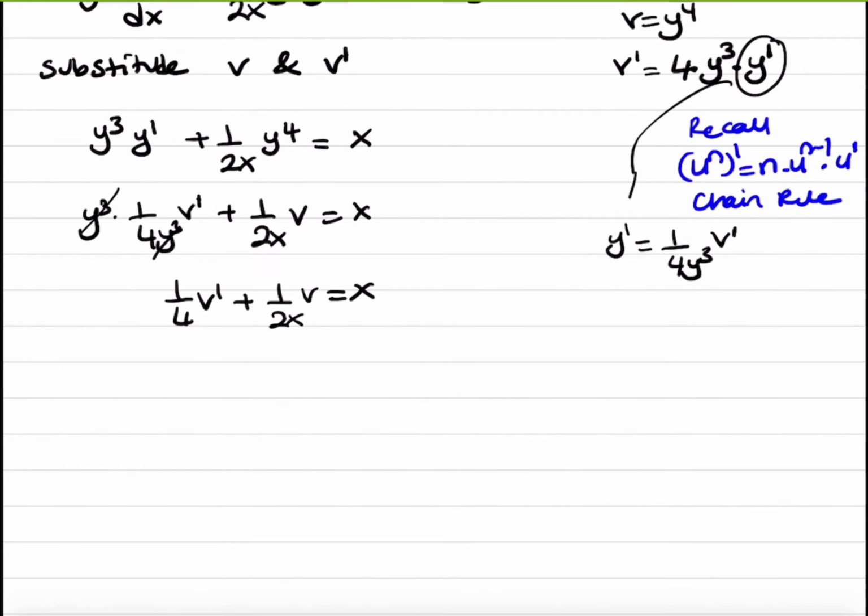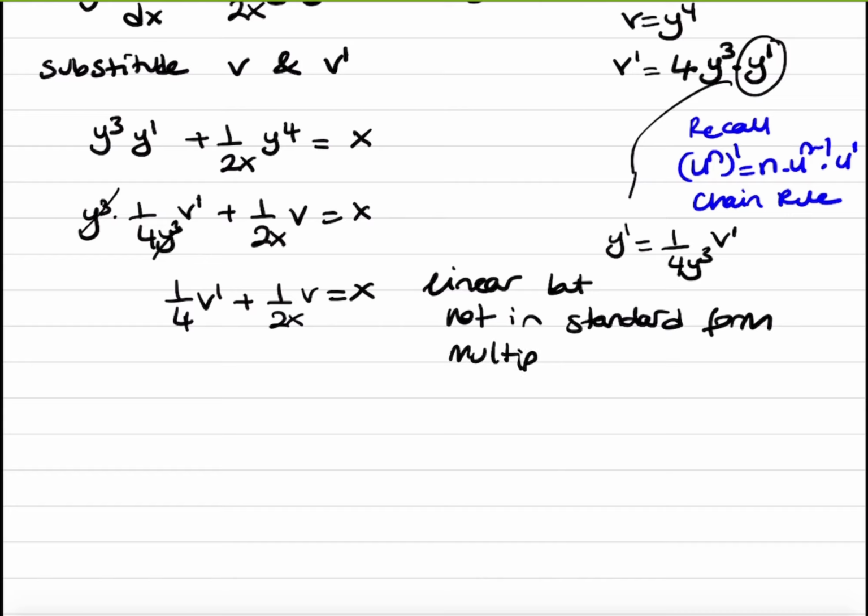So this is linear, but not in standard form. Okay, we can just multiply by 4 to make it in standard form.